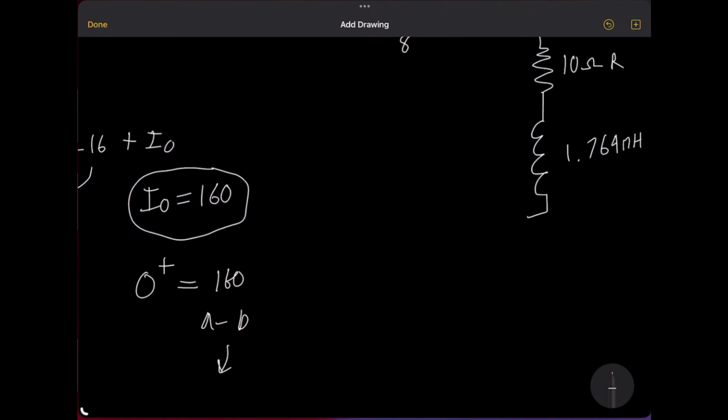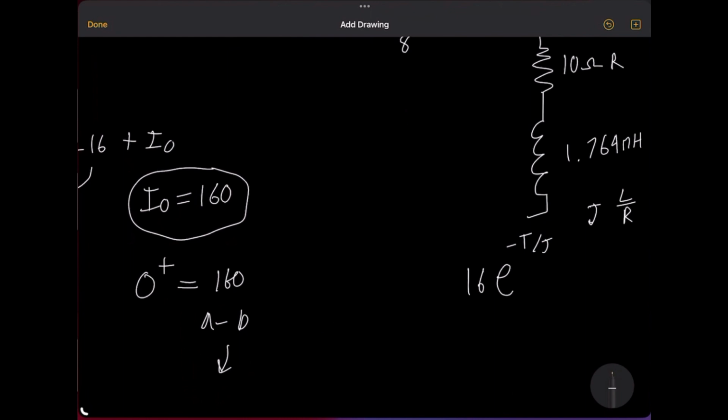So we know from previous formulas that it's going to be e to the negative t over tau, and we start with 16. And what is tau? Tau is going to be L divided by R. So 0.001764 divided by 10.